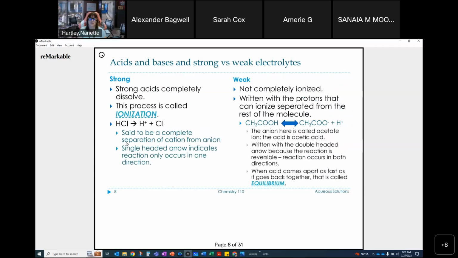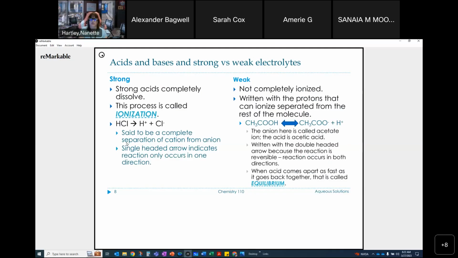All right. We talk about acids and bases and strong versus weak electrolytes. Strong acids completely dissolve. That process is called ionization. So HCl, for instance, is a strong acid. So it becomes completely H+ and Cl-. So whatever concentration of HCl I have, whatever number of moles that I put into that water, that becomes the same number of moles of H+ and the same number of moles of Cl-.